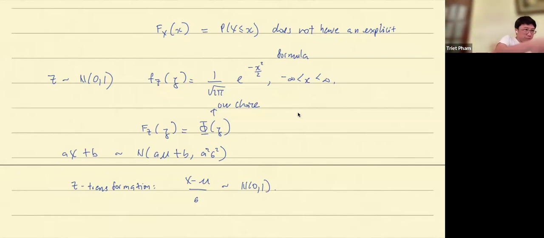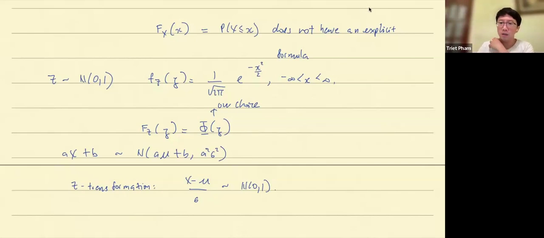So what should we remember about the normal? By itself, the normal is not really a model of anything. It is used as a model for error.